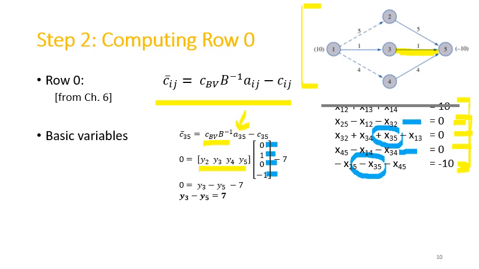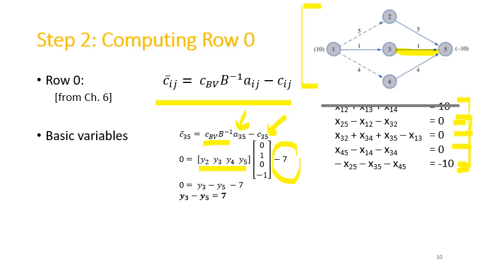Okay, so that's how you get A35. Let me erase this a bit to make things not too messy. And then finally for C35 here, you can check the original problem and see that the cost of transporting 1 unit of flow through the arc (3,5) equals $7.